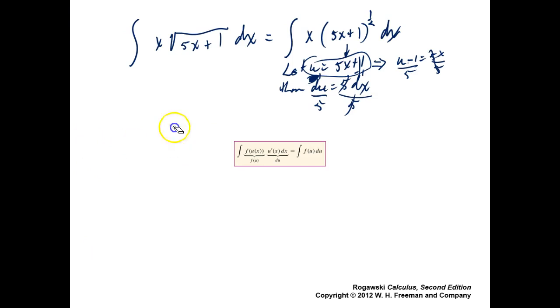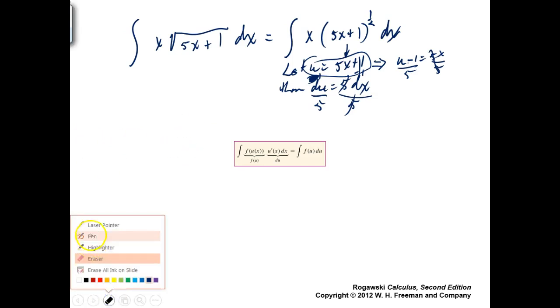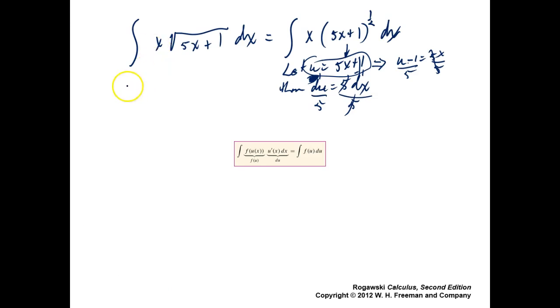All right. Let's write down what we've got. We've got u is equal to 5x plus 1. We've got du over 5 is equal to dx. And we have u minus 1 over 5 is equal to x. Don't we have all three of these things?